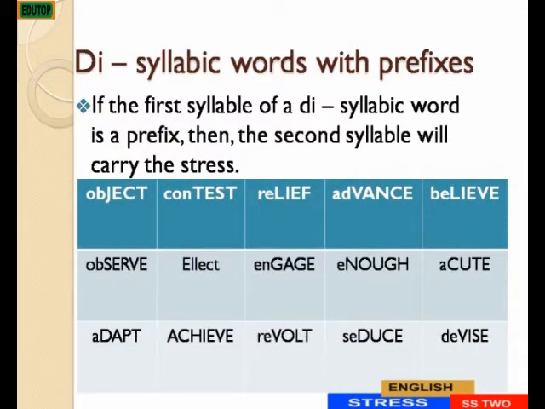Disyllabic words with prefixes. If the first syllable of a disyllabic word is a prefix, then the second syllable will be stressed. What do we mean by disyllabic word? Disyllabic words are words that have two syllables. So when the first syllable is a prefix, then the second syllable will be stressed.